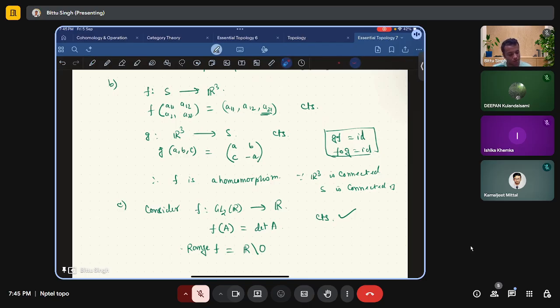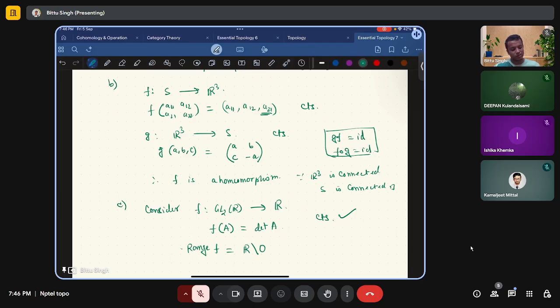It is onto R minus 0. Because for any point a other than 0, you can always choose a matrix like this. You can choose a times identity, that will work, right? For any non-zero point a, it always has a preimage, a times identity.